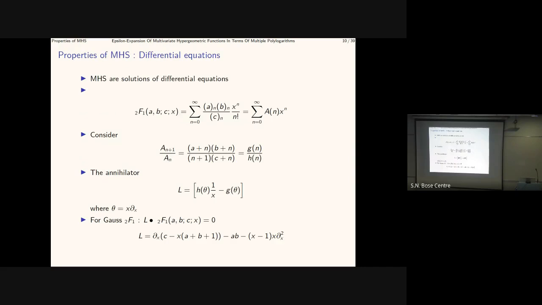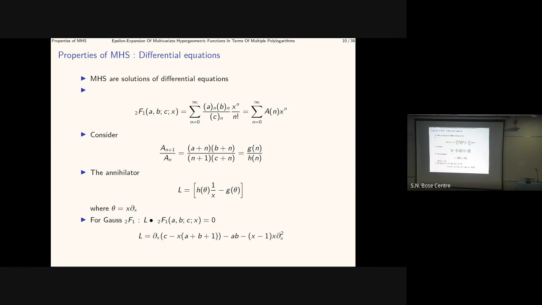Okay, so before we move on to the algorithm, there are two things that we need to know about this hypergeometric function. One of them is that these are the solutions of a differential equation, because that's how we were taught in class. We start with an ODE and try to find the solution of that ODE by a continuous method.